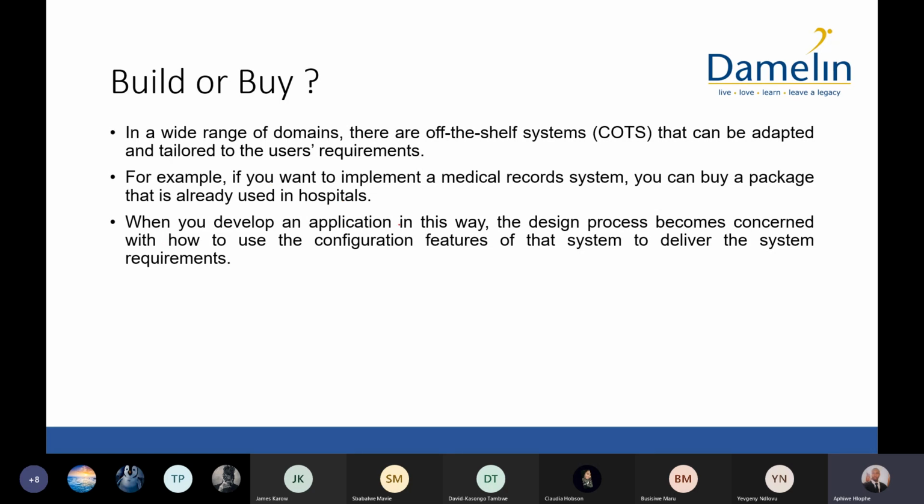When you develop an application in this way, the design process becomes concerned with how to use the configuration features of that system to deliver the system requirements, okay? So we only focus on the requirements. How can we make changes to the features to suit our particular scenario as an organization?